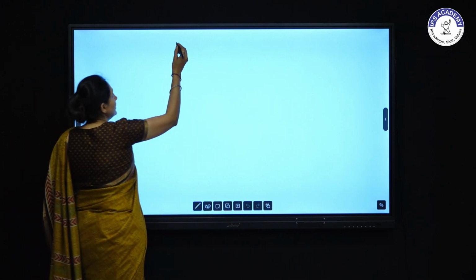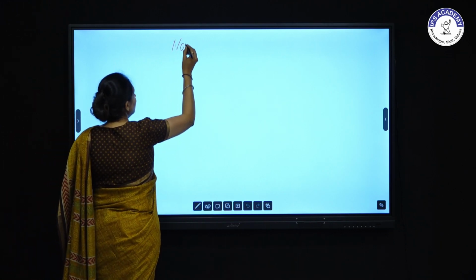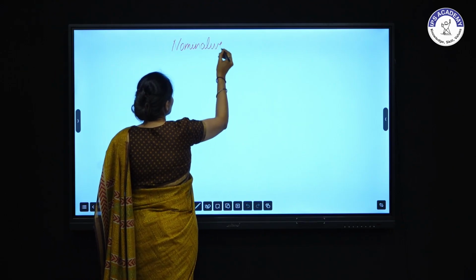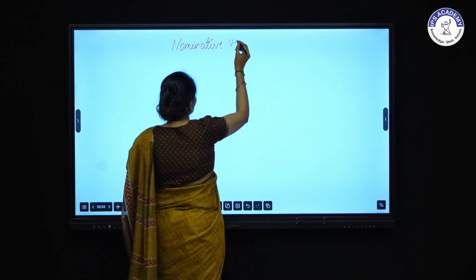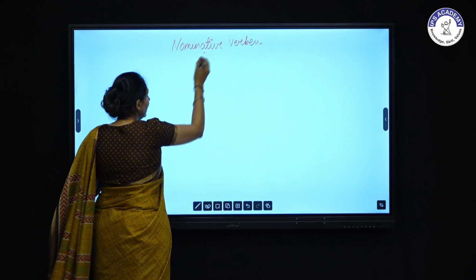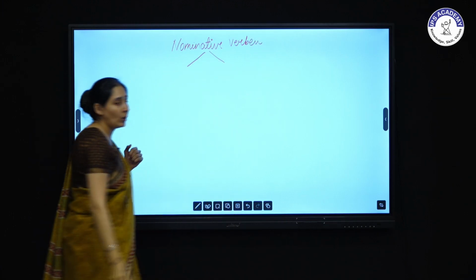Now when it comes to the nominative case, let's see some verbs related to the nominative, verben. What kind of verbs come with the nominative?